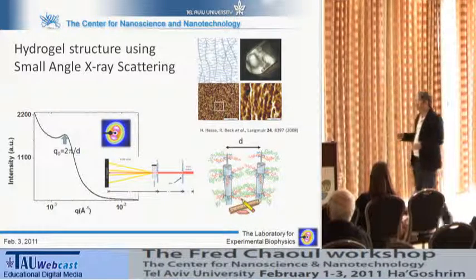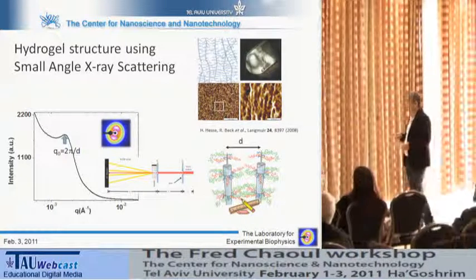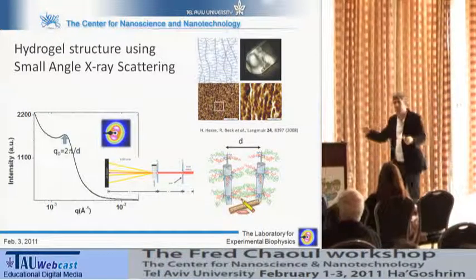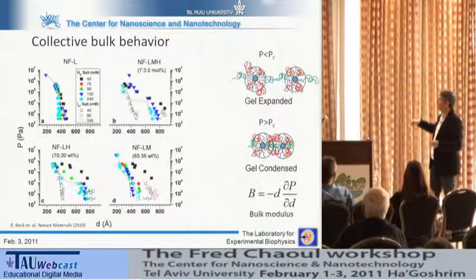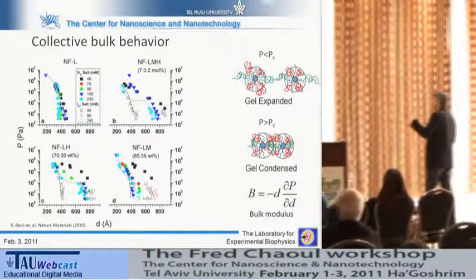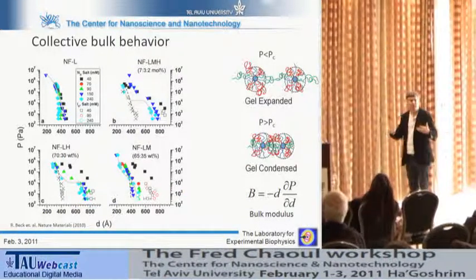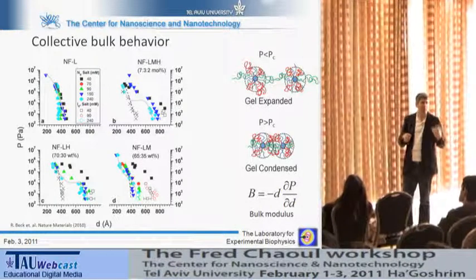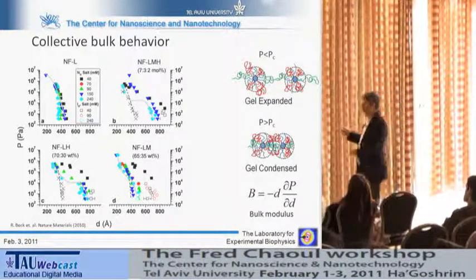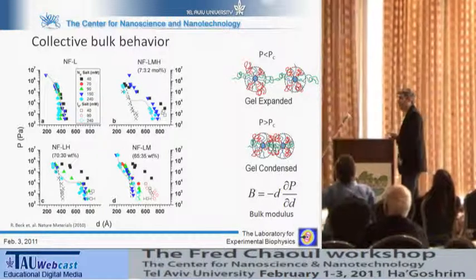And the idea was that using this technique, we can vary the surrounding of this gel and learn about the phase diagrams or the properties of this gel and get some actual numbers about the bulk or the collective bulk behavior.